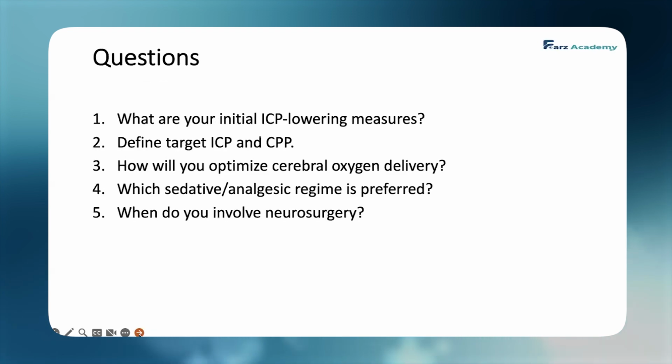So the question is, what are the initial ICP lowering measures? Define the targeted ICP and CPP, and how will you optimize cerebral oxygen delivery? Which sedative analgesic regime do you prefer, and when do you involve neurosurgery?